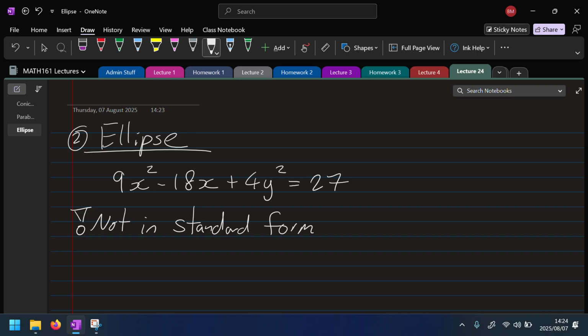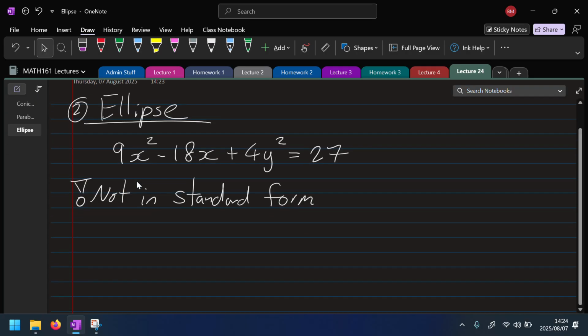If you have a look at the tutorials, most of them are given in a non-standard form. So before you do anything, you have to write it in standard form, and then you can continue. So please just keep that in mind for the tutorials. So it's not in standard form. We want to write it in standard form.